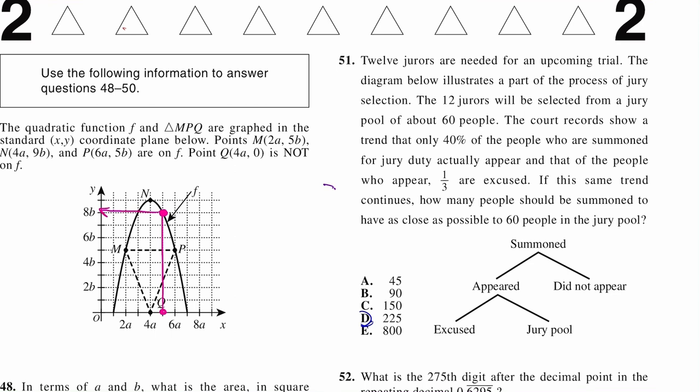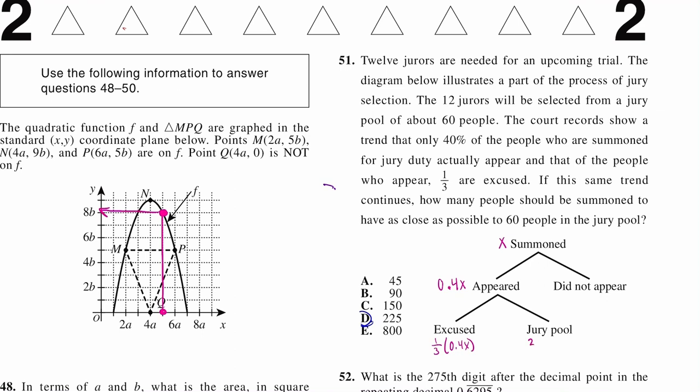in the jury pool? Okay, so I'm going to label our summoned as X. It says 40% of those summoned actually appear. And then 1/3 of the appeared are excused.